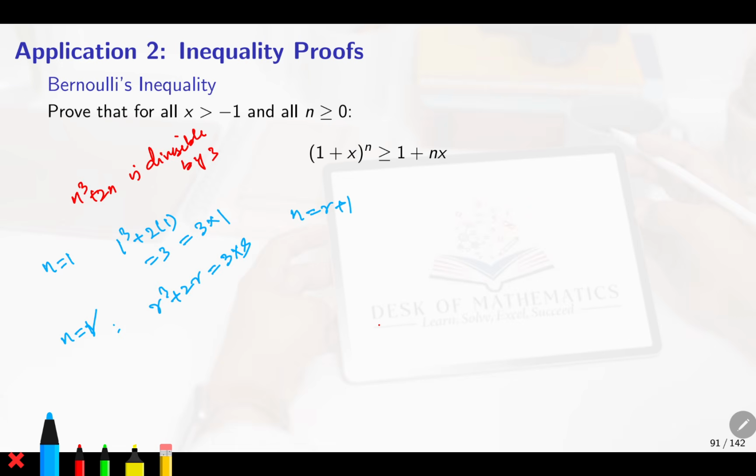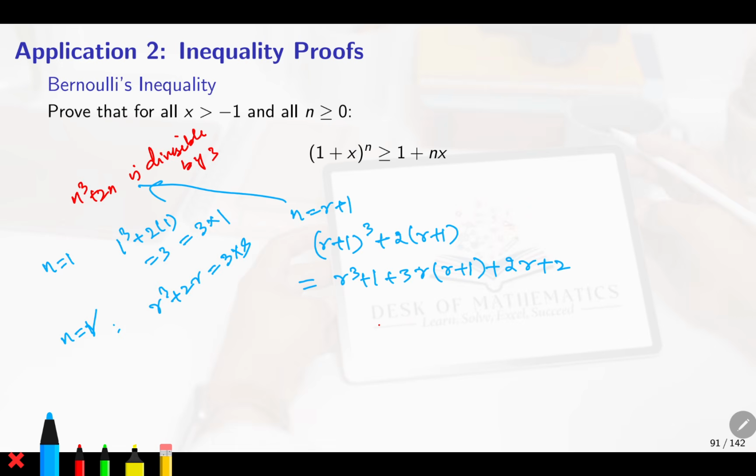What will you do? For n is equal to r plus 1, put it in P of n, so that is r plus 1 whole cube plus 2 times r plus 1. Solve this, you will get r cube plus 1 plus 3r square plus 3r plus 2r plus 2.